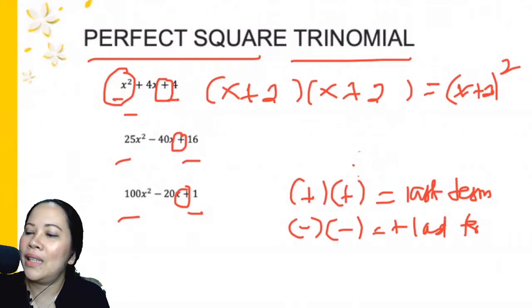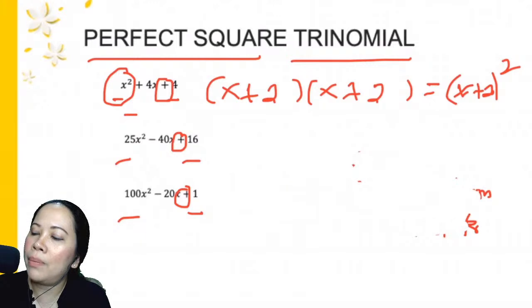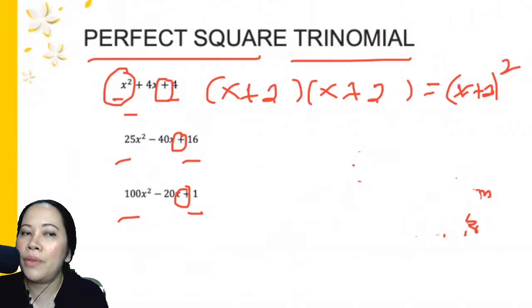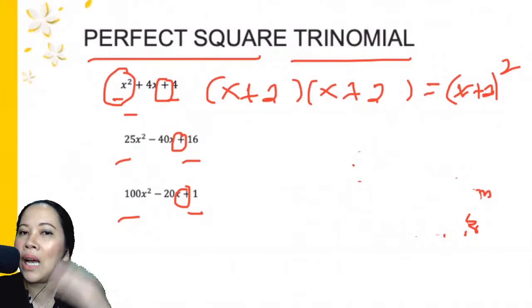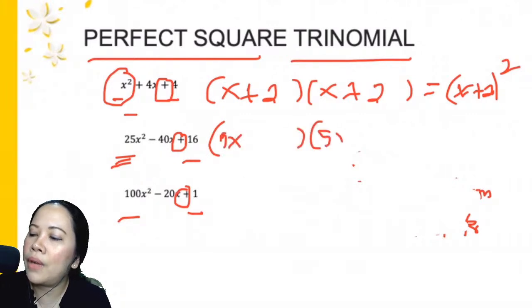All right, let's try the next one. So all the time in a perfect square trinomial, apart from the first and the last term is perfect, this sign here will always be positive, plus, plus, plus. The last term's sign is always positive. Okay, so what is the root of 25x squared? So it will be 5x times 5x.